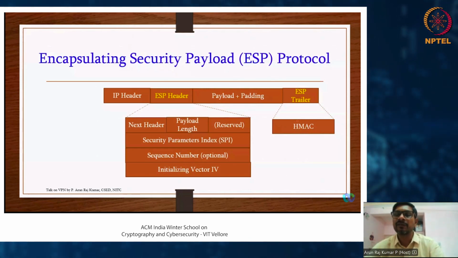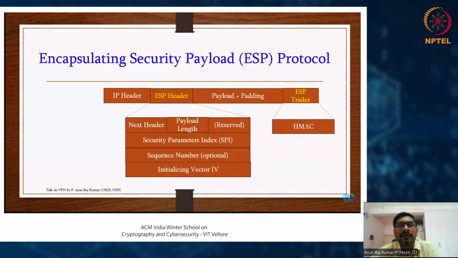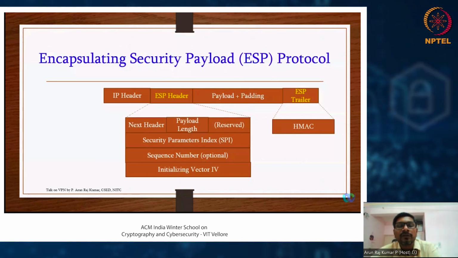Hashing and encryption together, we call the hashed message authentication algorithm. Generally, both are used here in the trailer end. The ESP header again consists of 1, 2, 3, 4, that is 4 into 32 bits.